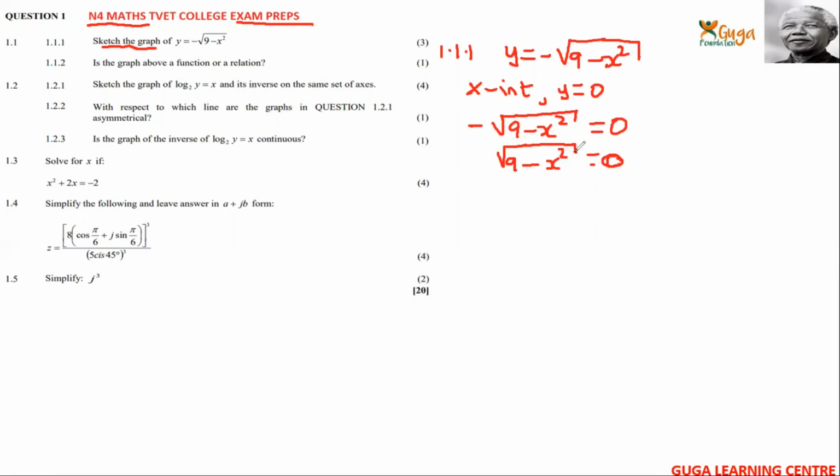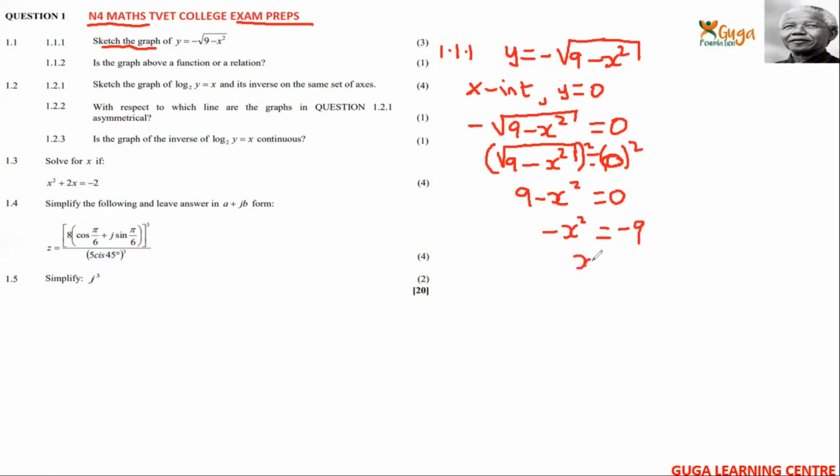Okay, so now we can square both sides. So by doing that, we're removing the square root. We are going to be left with 9 minus x squared is equals to 0. Then we transfer 9 to the other side. We got negative x squared is equals to negative 9.